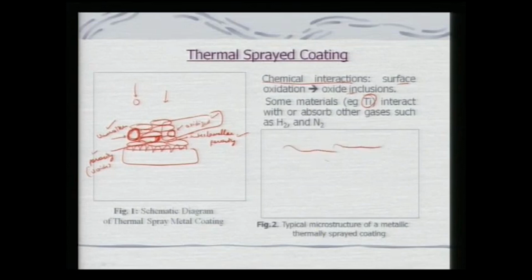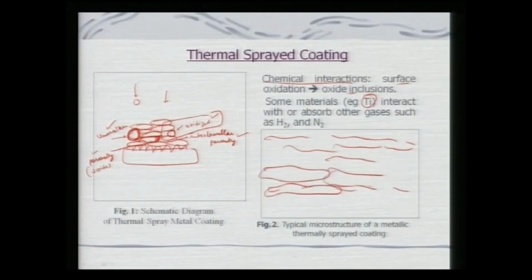a very splat kind of structure. They will show a lamellae kind of structure. These are nothing but splats which are growing one over the other. So, we can see a much deformed structure. This is the overall structure of a plasma sprayed or thermally sprayed coating.